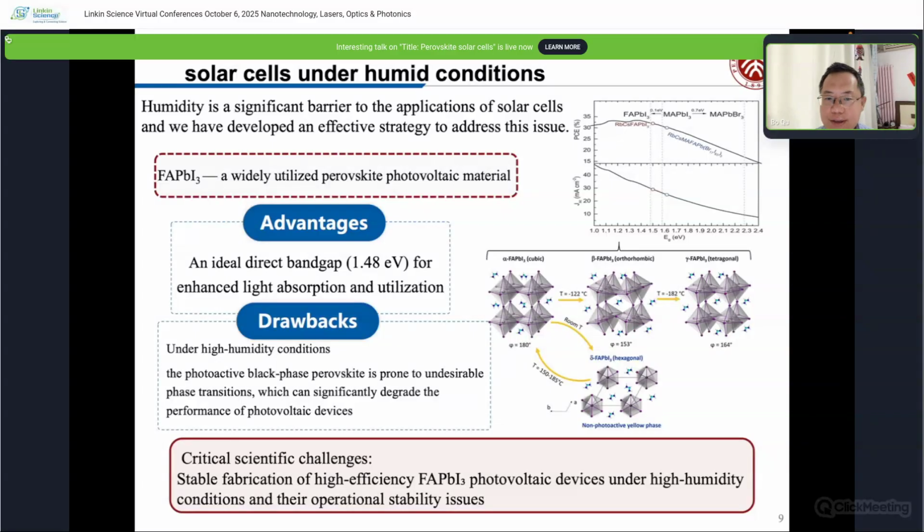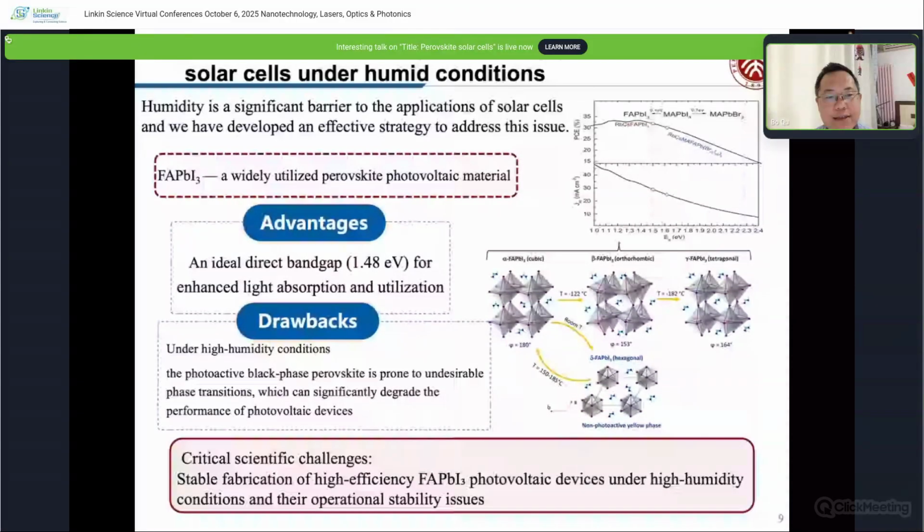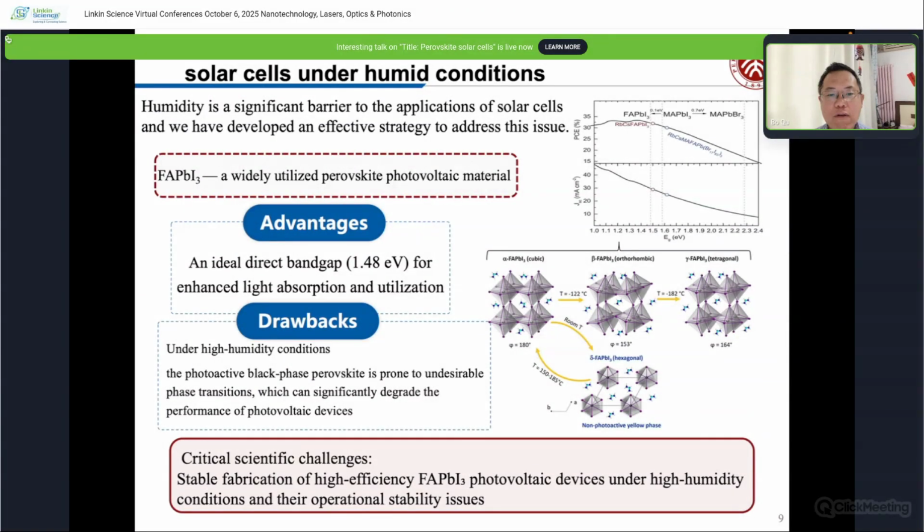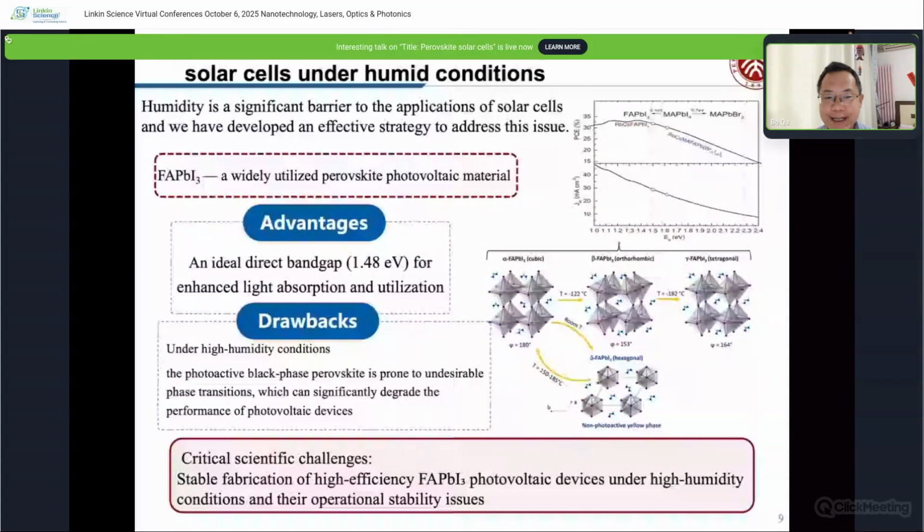For instance, under high humidity conditions, the photoactive black phase perovskite is prone to undesirable phase transitions, which can significantly degrade the performance of photovoltaic devices. Therefore, the critical scientific challenge is the stable fabrication of high-efficiency FAPbI3 photovoltaic devices under high humidity conditions and their operational stability issues.